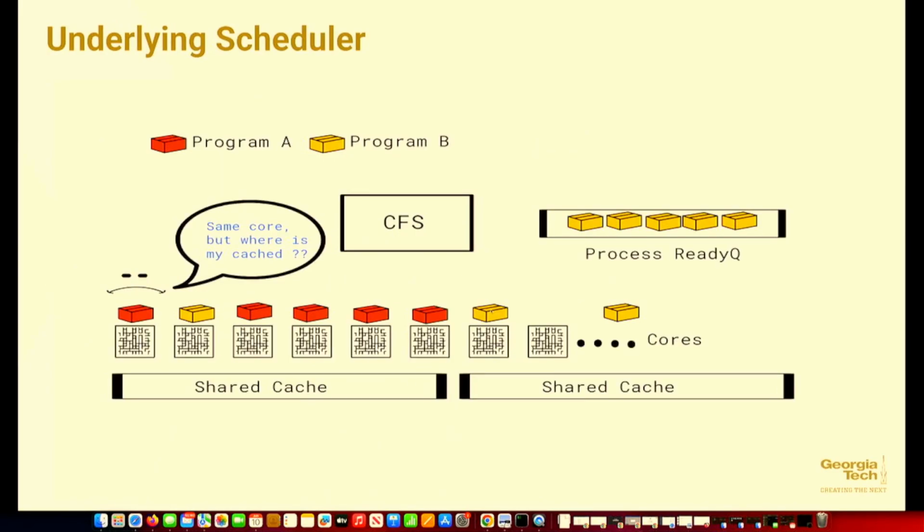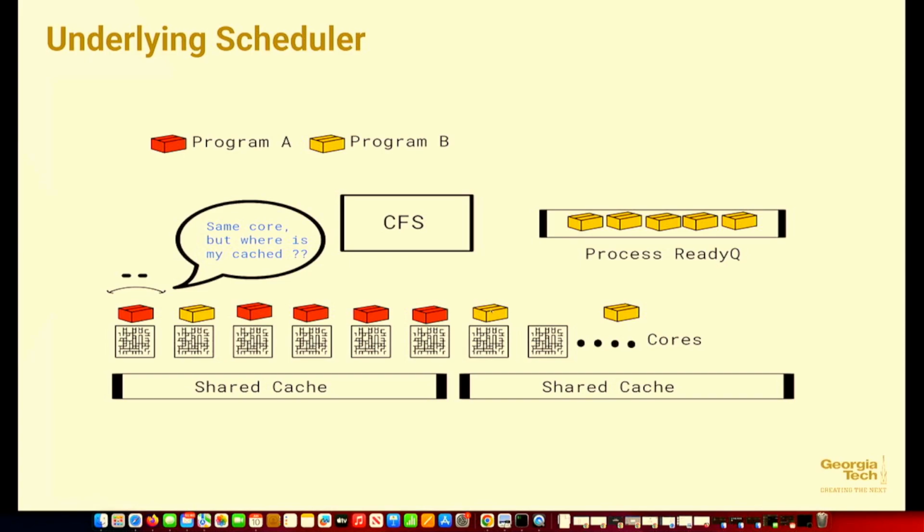So now the processes under CFS are preempted when there are no more available cores for other processes to be scheduled. So even if a process was pinned to a core, if it was preempted, then the next process that would execute on the same core would pollute the cache of the previous, pinned process.